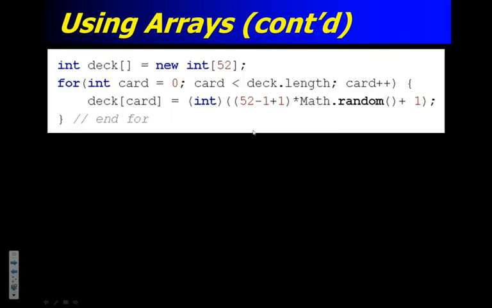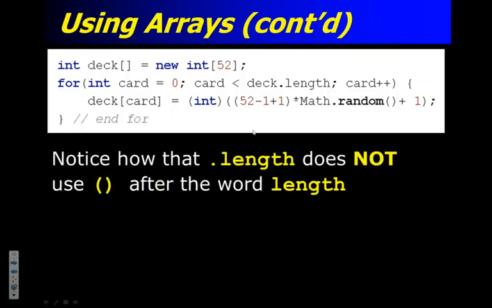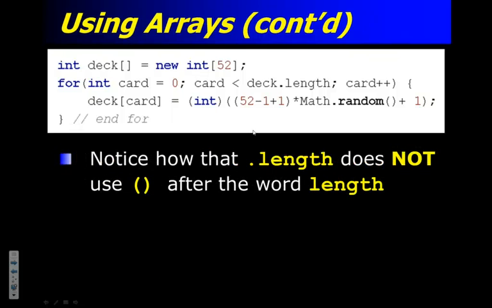It goes to one less than that, spot 51, which will match exactly what's going on here, okay? So again, when you put a 52 there, that means create 52 spots, which means 0 to 51, okay? And then what I do is I just put a random number in there, and it will work, okay?